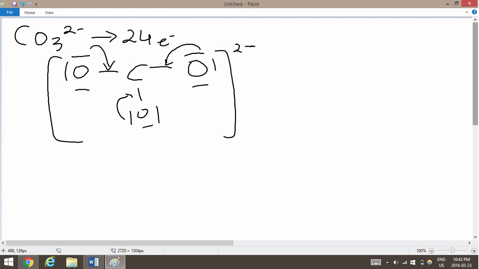So how do we draw a proper Lewis diagram for a resonance structure? Since there can be a double bond formed by any one of the outer oxygen atoms, we simply draw the Lewis structure as we normally would.